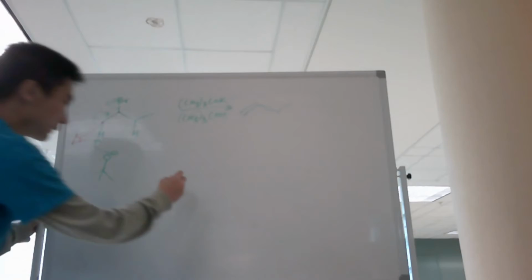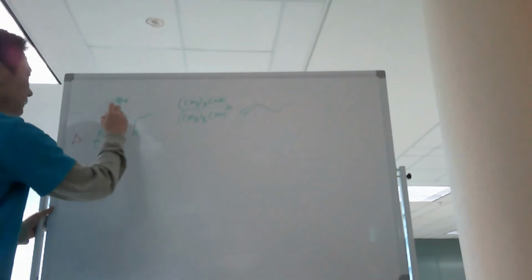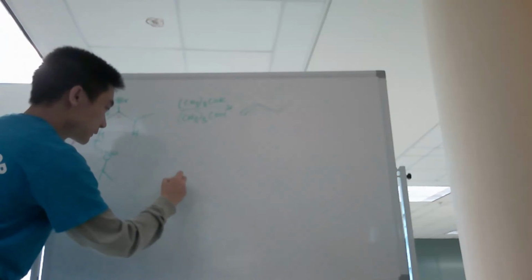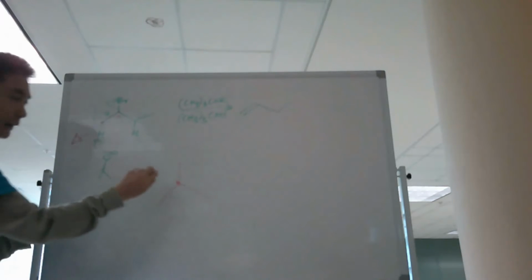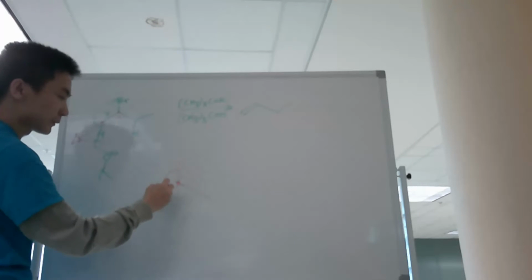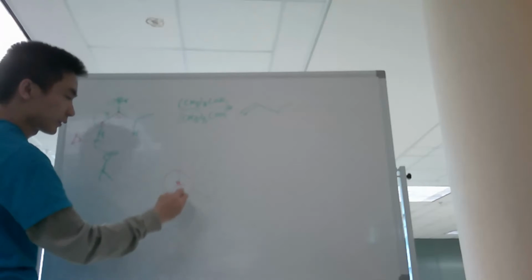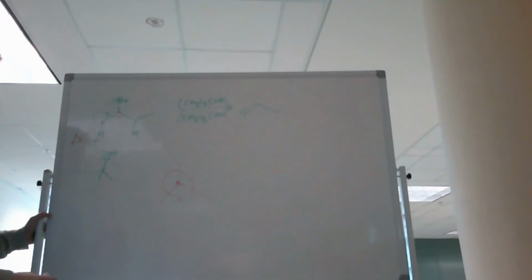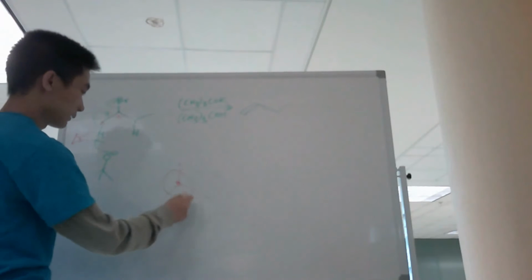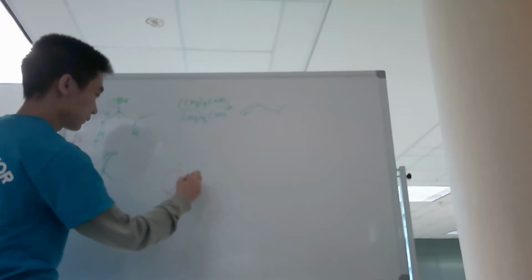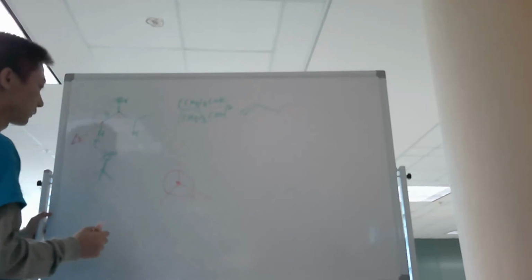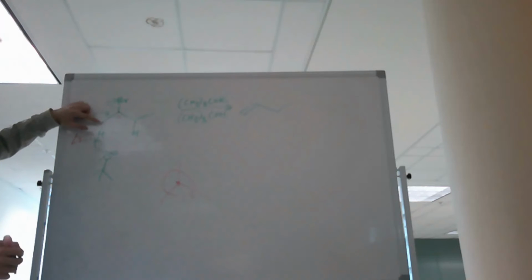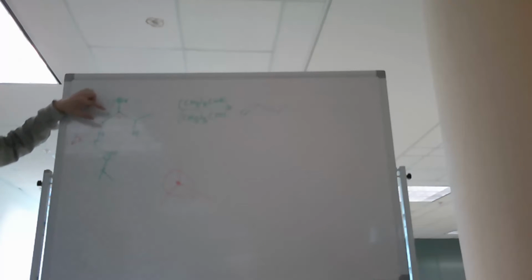I'm going to label this carbon 1 and carbon 2. Carbon 1 is going to be this middle carbon right there. Carbon 2, I'm going to draw as a big circle behind carbon 1. Now, what other atoms is carbon 1 attached to besides carbon 2?